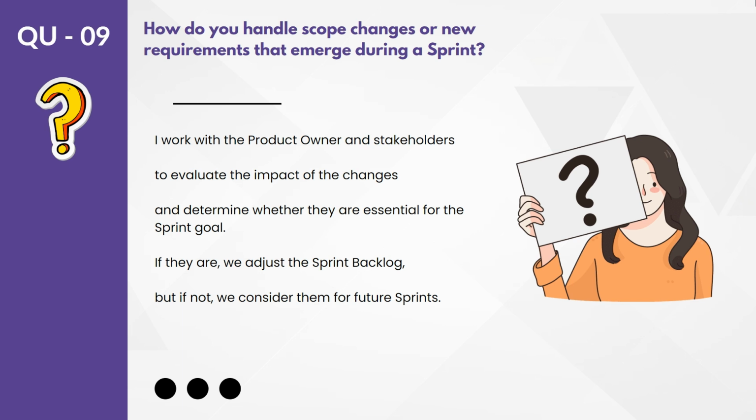Your client is telling you, no, he wants the story to be done this way. You have already estimated the story that it will take x number of hours. But now after the change, what is the impact? The first thing the Scrum Master has to make sure is to evaluate what the impact of that change is.